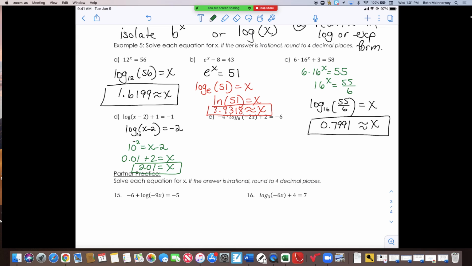All right, let me give you a head start on letter E. Try to get the logarithm alone. Once you have the logarithm alone, then go from logarithmic form to exponential form to try to get the x out of there.